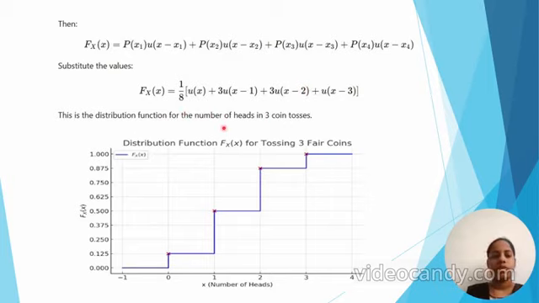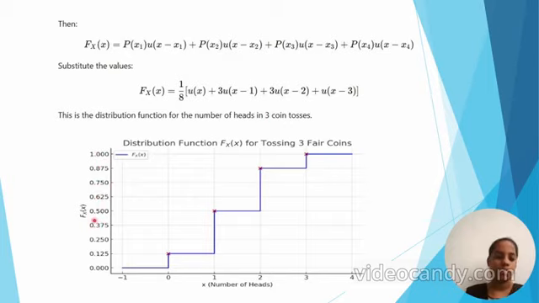This is the distribution function. Here x is the number of heads, with values 0, 1, 2, 3. The values we get are 0, 0.125, 0.5, 0.875, and 1.